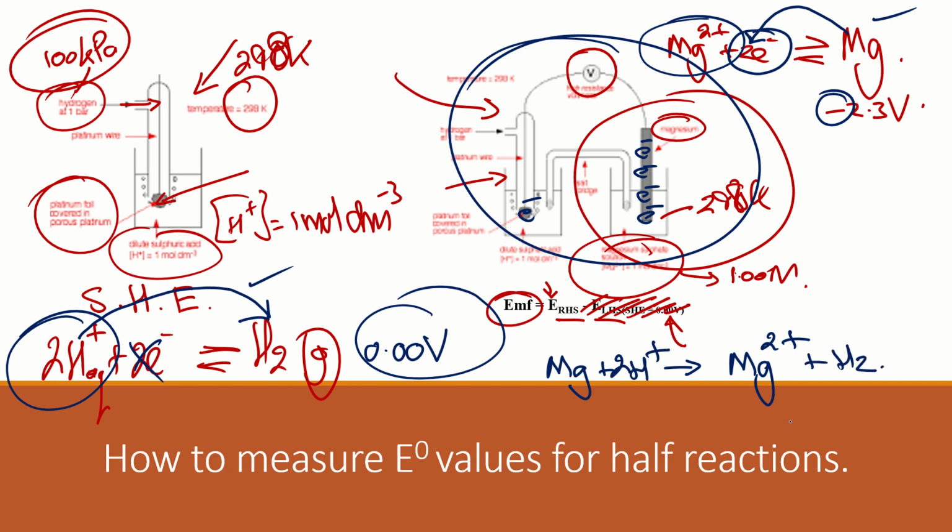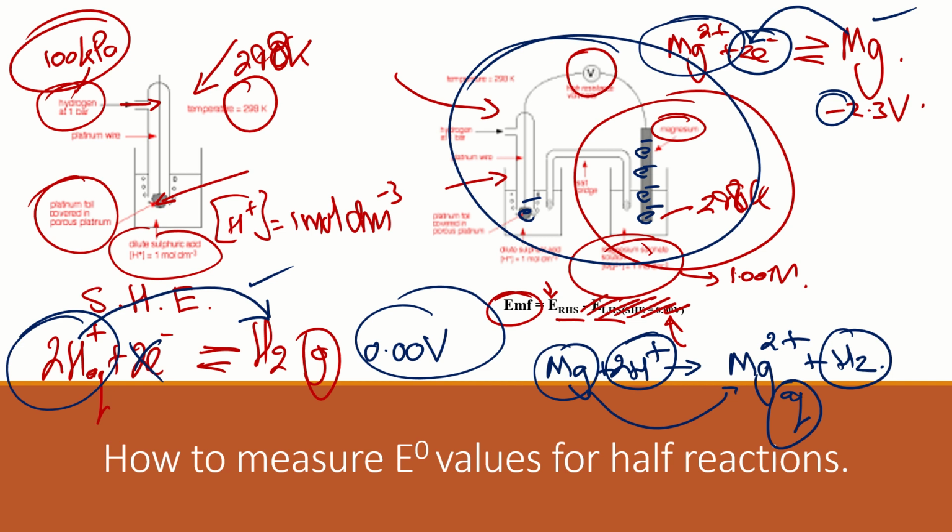They get reduced. And that makes sense, because if you think about when you were younger and you added magnesium to acid, you got bubbling and the magnesium dissolving to, I don't know, magnesium chloride or magnesium nitrate, depending on the acid that you added it to.